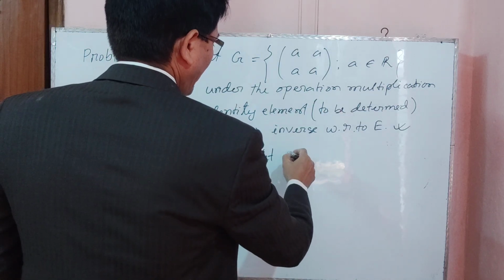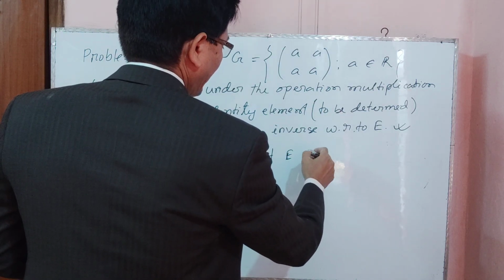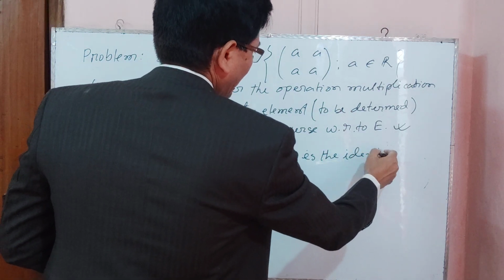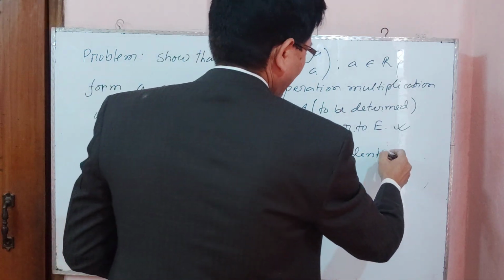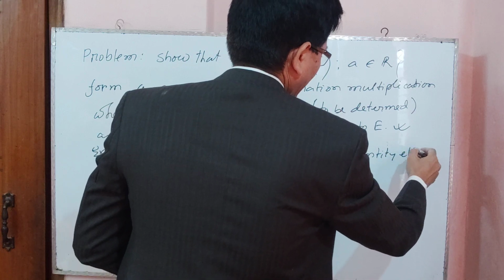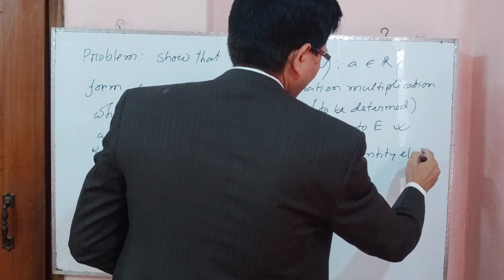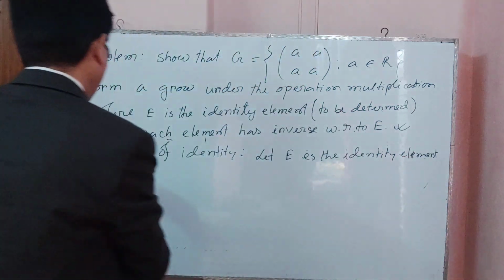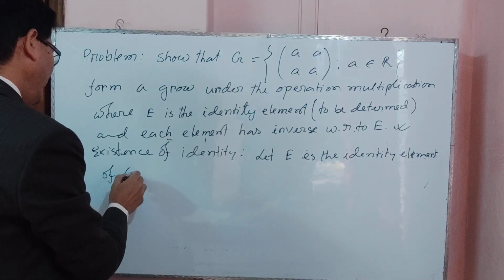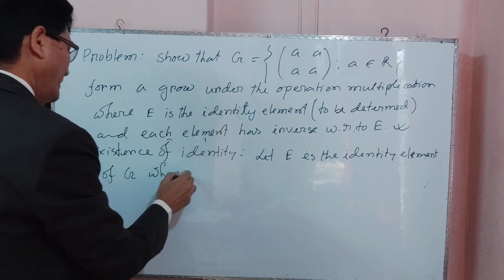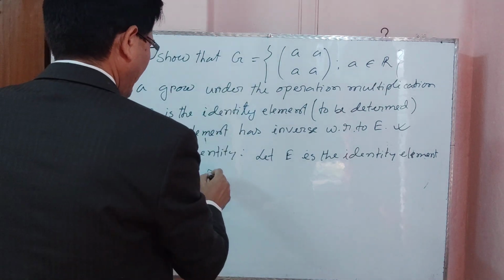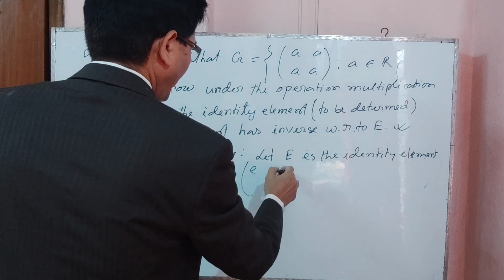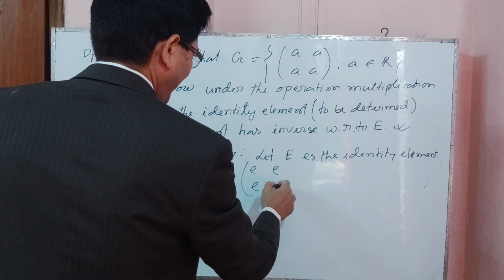Let E be the identity element of G, where E equals [E, E; E, E].